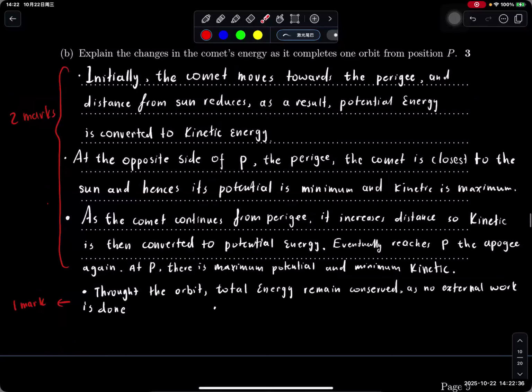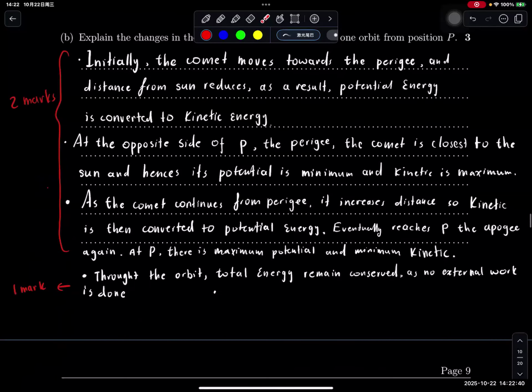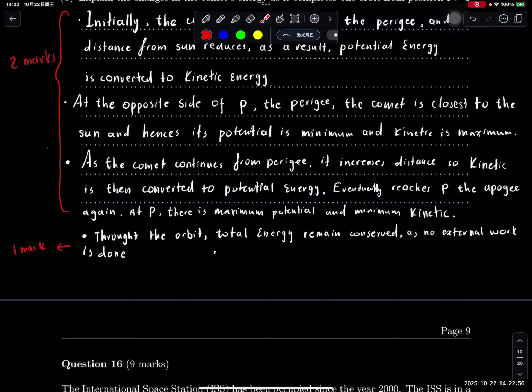Also, as the comet continues from perihelion, it moves to the apogee, and at that point you have a larger potential and smaller kinetic. It is a transfer between potential and kinetic while keeping the total mechanical energy invariant. So just make sure you also say the invariance of total energy.